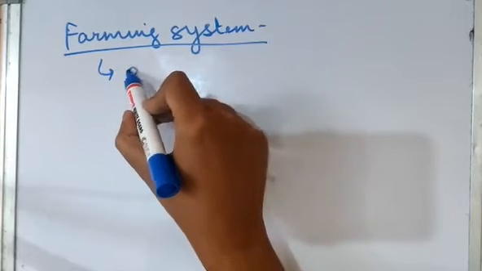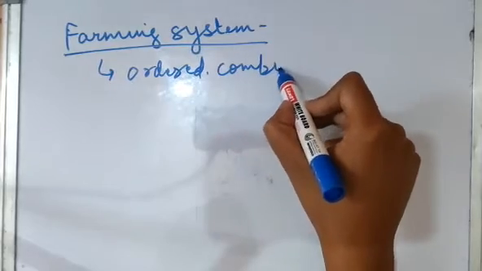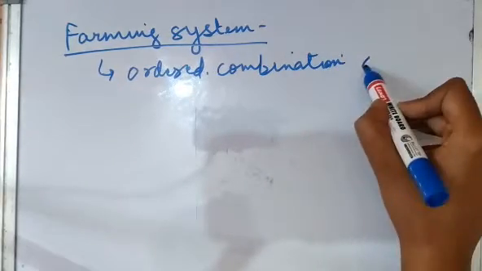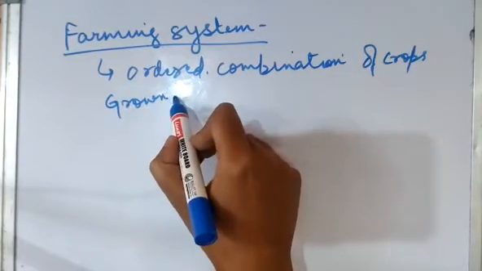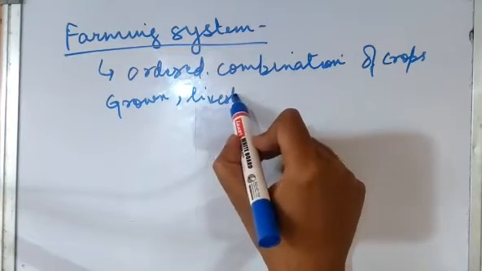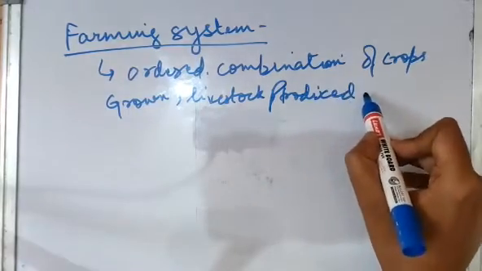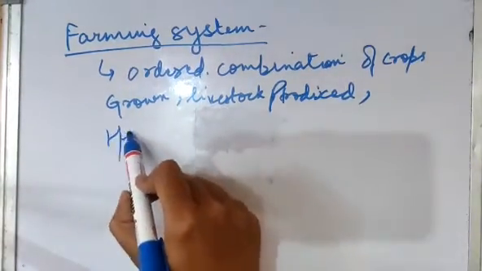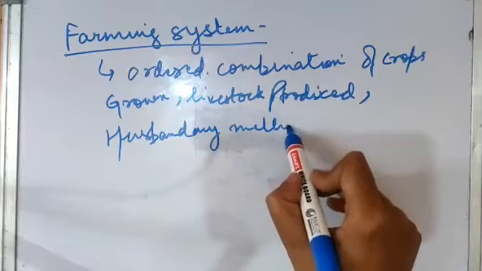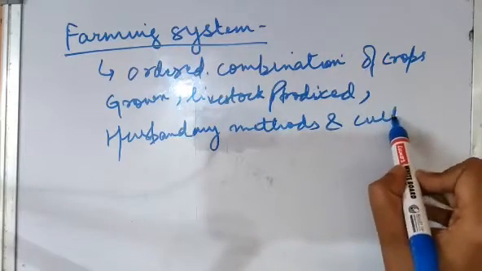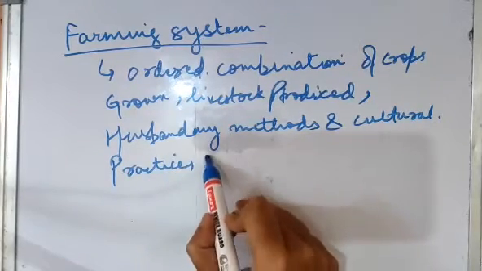It is an ordered combination of crops grown, livestock produced, husbandry methods, and cultural practices followed.